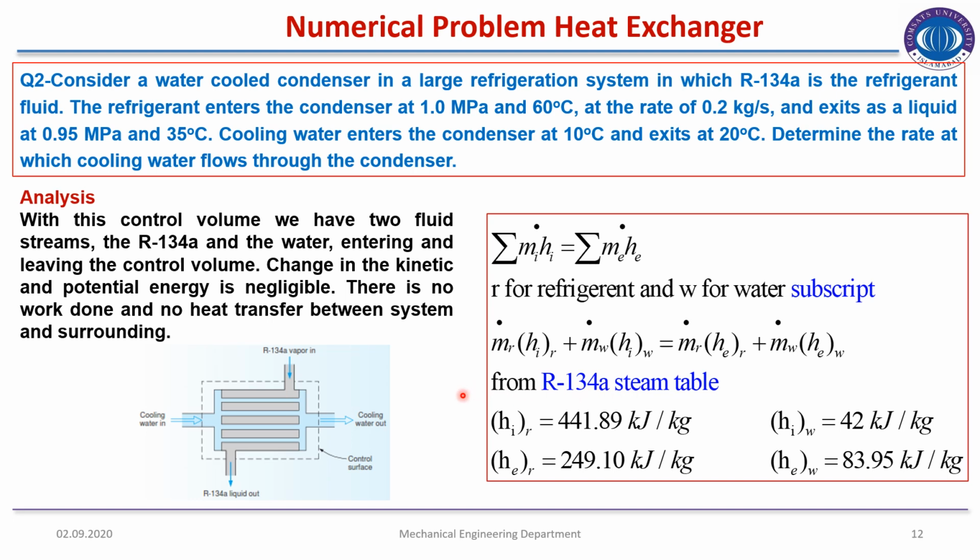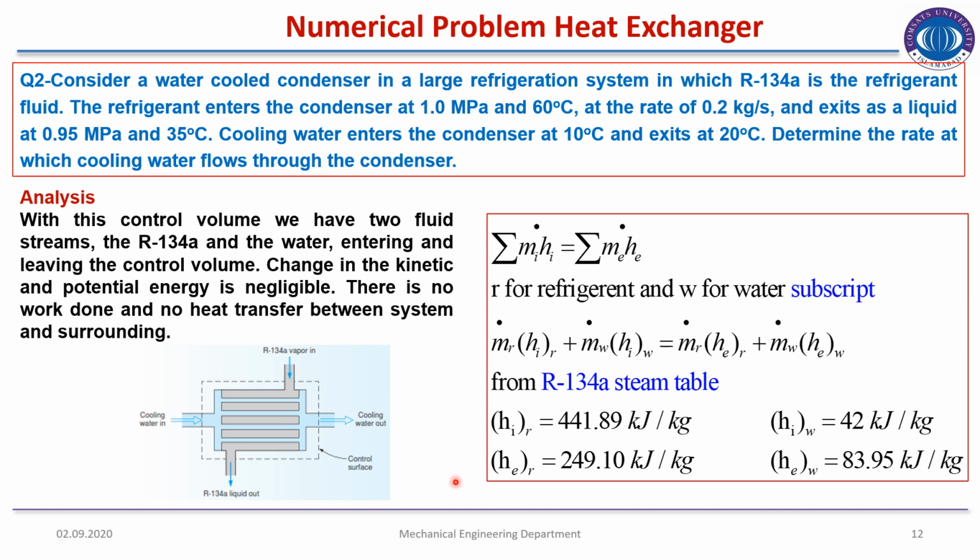As I have mentioned previously, the R134A tables are at the end of your book. Now we know the temperature and pressure at the inlet and exit. At the inlet the temperature is 60 degrees centigrade and pressure is 1 megapascal, whereas at the exit the temperature is 35 degrees centigrade and pressure is 0.95 megapascal.